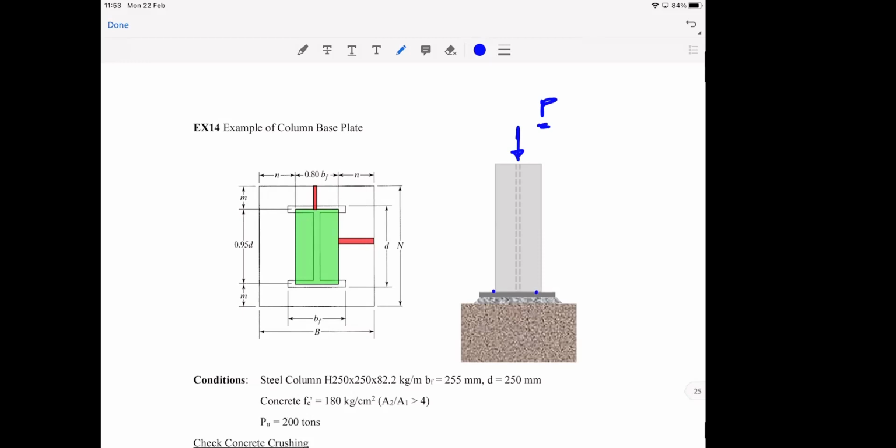So be practical and use a plate slightly larger than the column footprint, okay? The column footprint is basically just this.